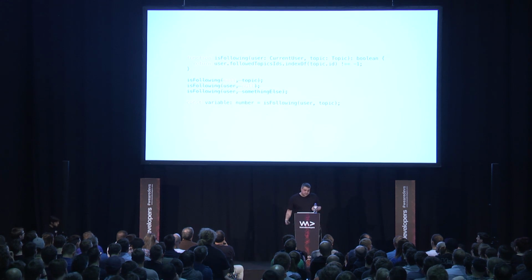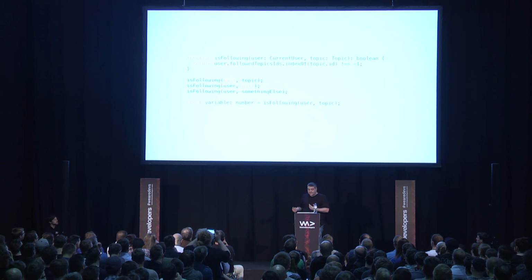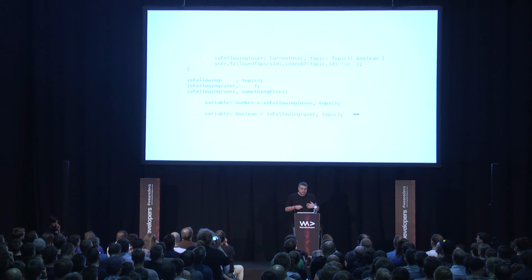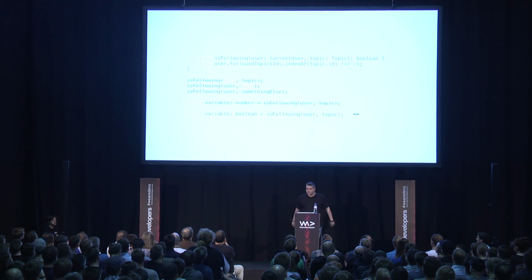The other nice thing is, if we try to use this Boolean as a number, also no go. So the only real usage is we have the variable, the Boolean, and it returns.